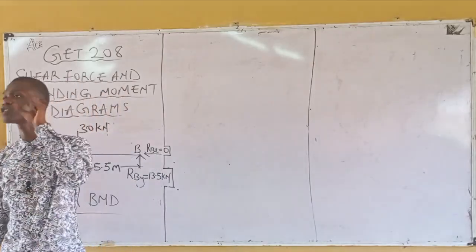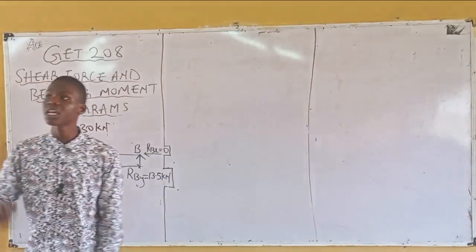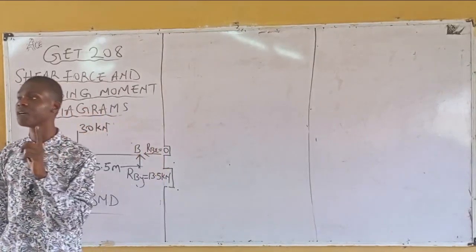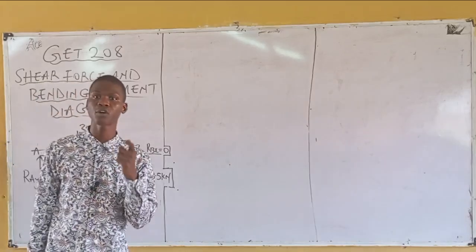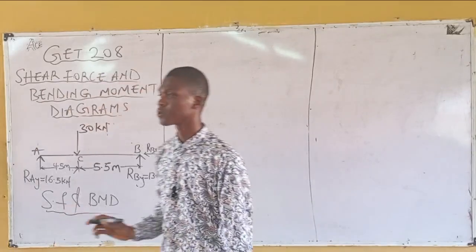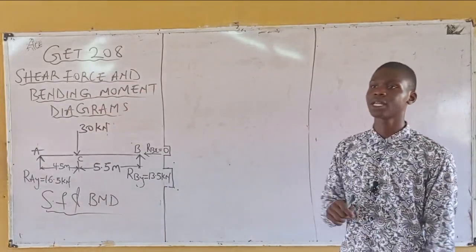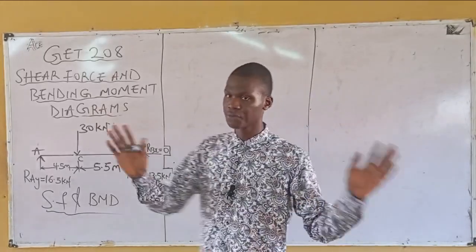But if you're having a fixed support, shear force can never end with 0. If you have a fixed support, shear force can never end with 0. So that's the concept behind it, that we say shear force must end with 0. So that's what we need to know under shear force.